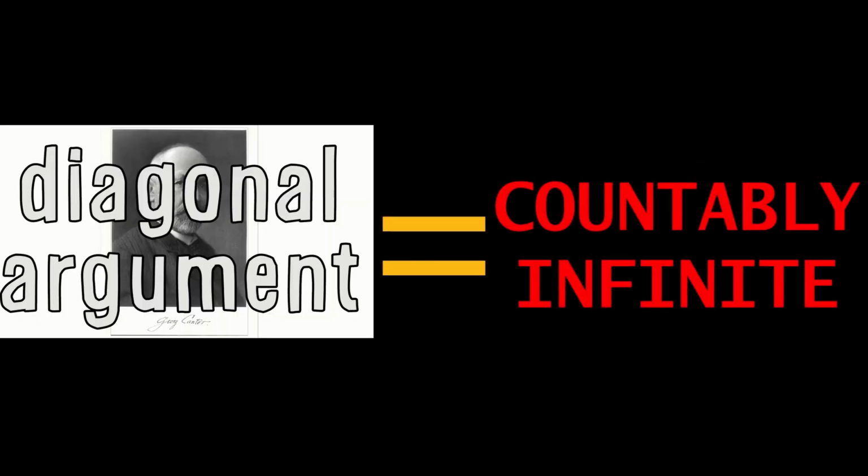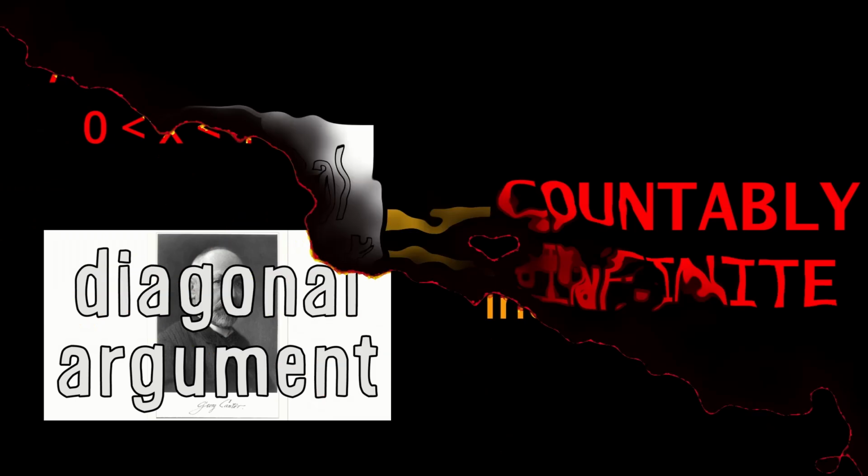The other problem I see are assumptions made in regards to Cantor's diagonal argument. The first assumption is that Cantor's diagonal argument utilizes an infinite process of the same order of infinity.